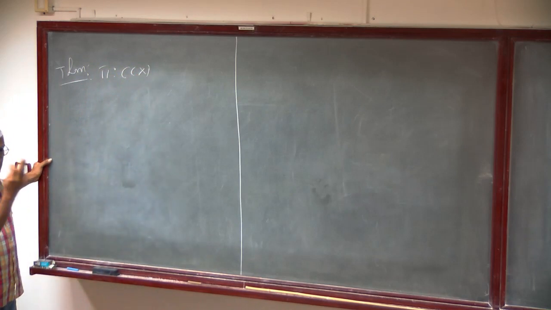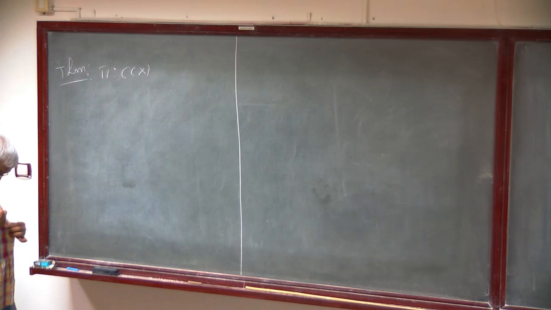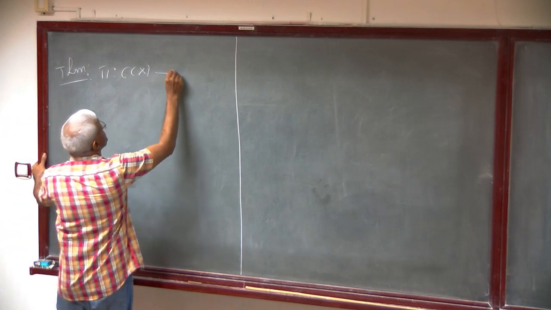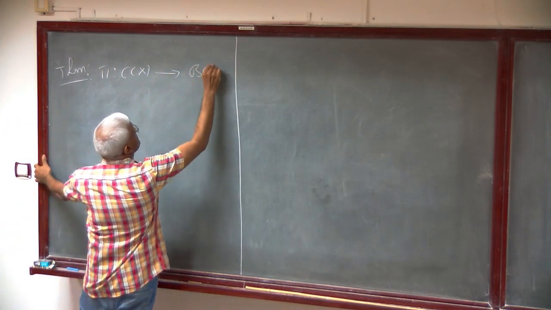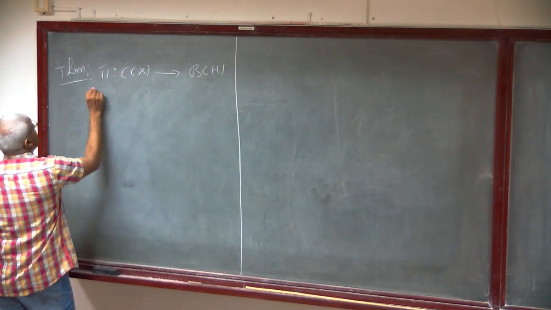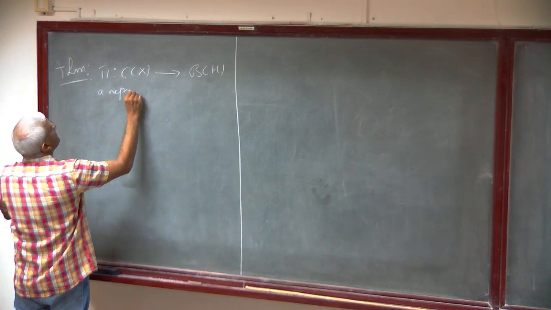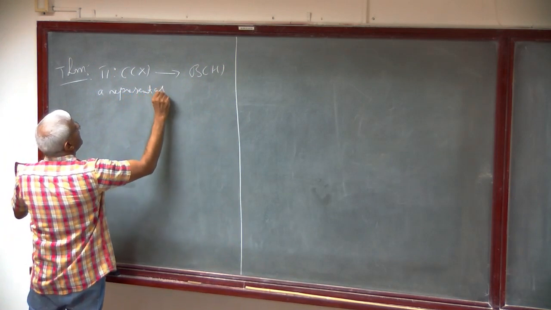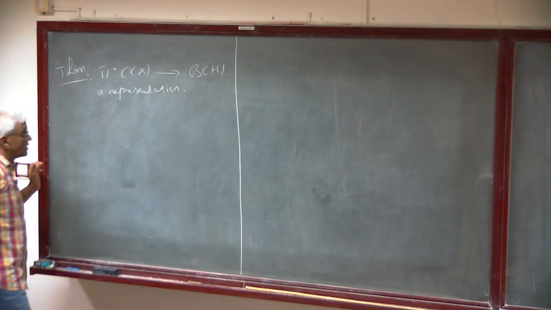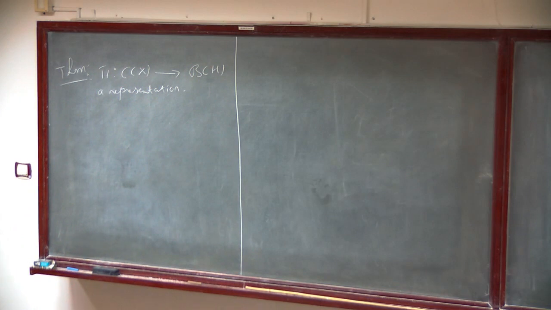Then X is a metric space, even a metric space contained in the complex numbers. Take a star homomorphism of C(X) into some B(H).